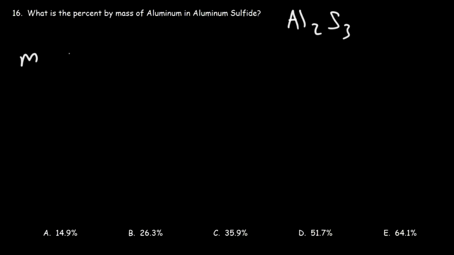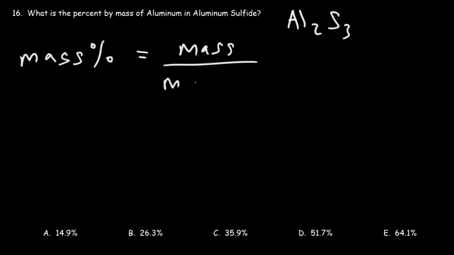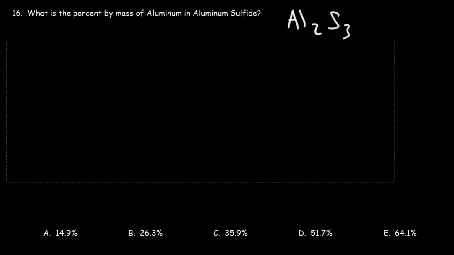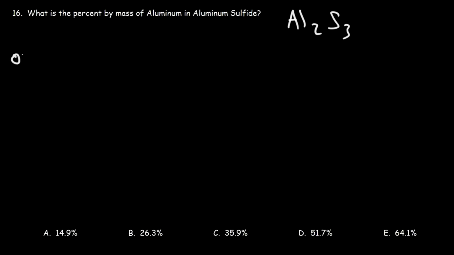Now, in order to determine the mass percent of an element, we need to take the mass of that element and divide it by the mass of the compound. And we're going to multiply it by 100%. So we want to find the mass percent of aluminum.